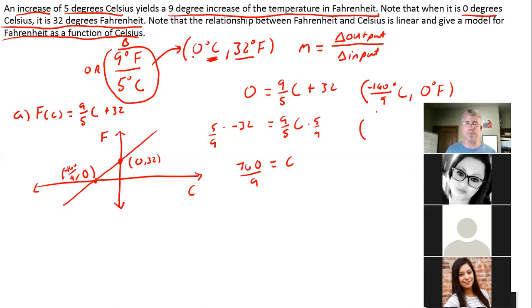And then this intercept isn't 0, 32, it's 0 degrees Celsius, 32 degrees Fahrenheit. So interpreting it is just simply saying what the ordered pair is telling you. What is this ordered pair right here telling me? When it is 0 degrees Celsius, the temperature is 32 degrees Fahrenheit. When the temperature is negative 160 over 9 degrees Celsius, the temperature is 0 degrees Fahrenheit. So interpreting is just that simple. It's just saying what the intercept is telling you.